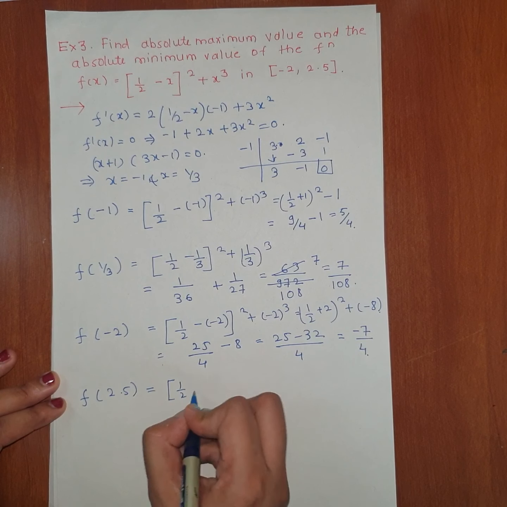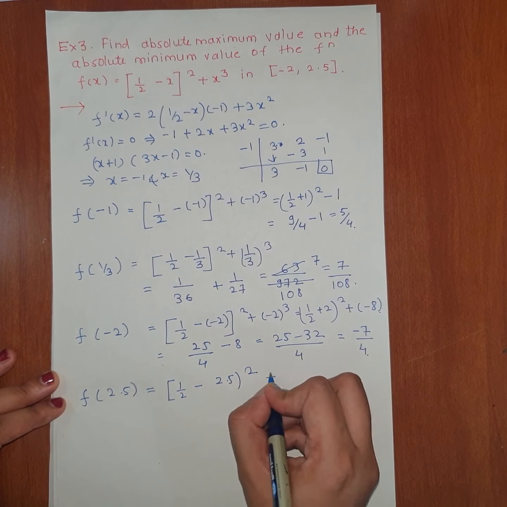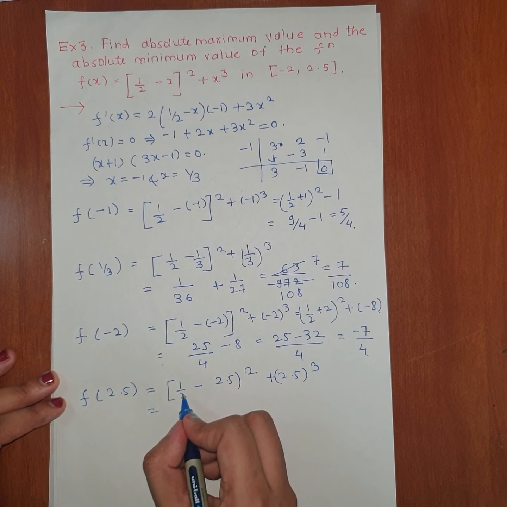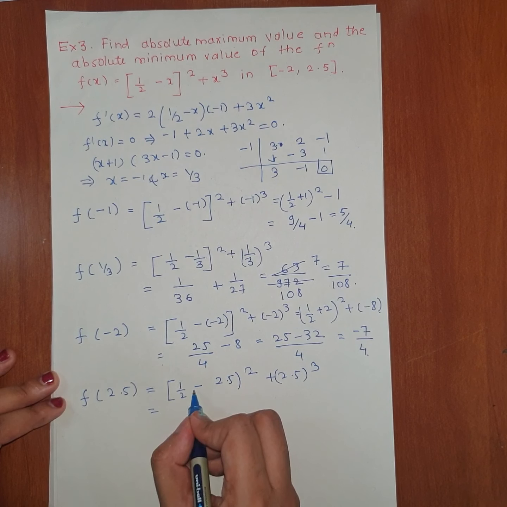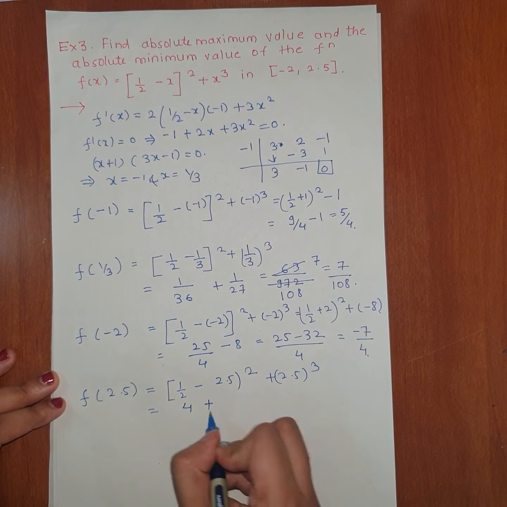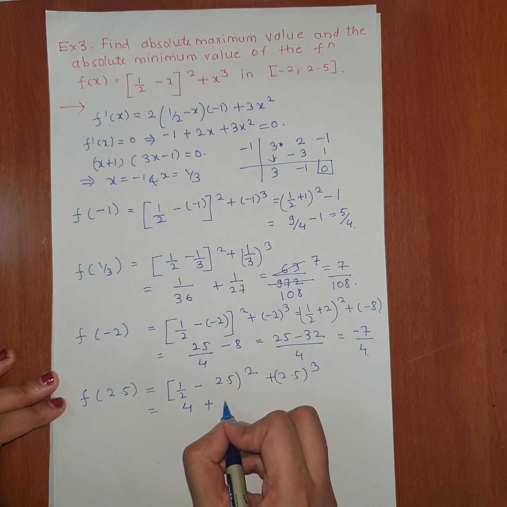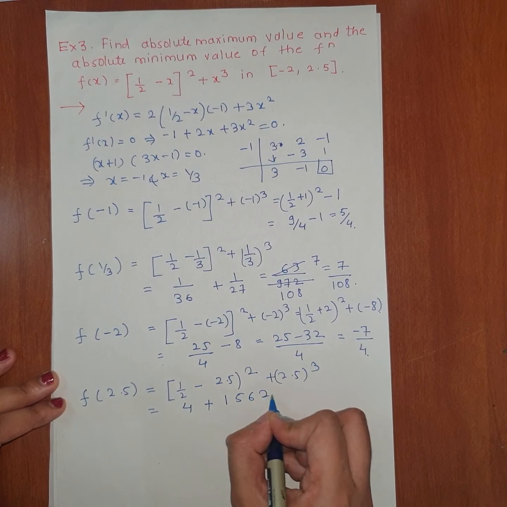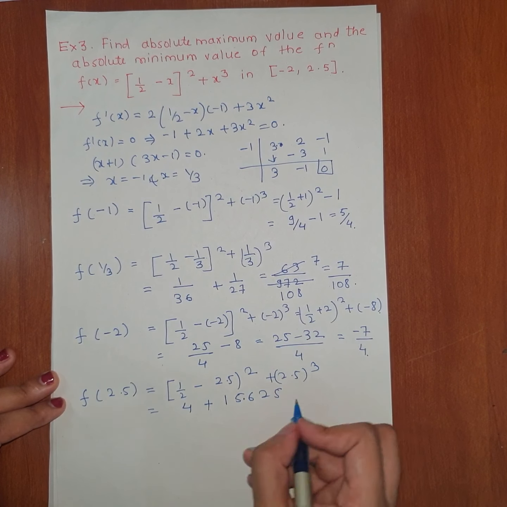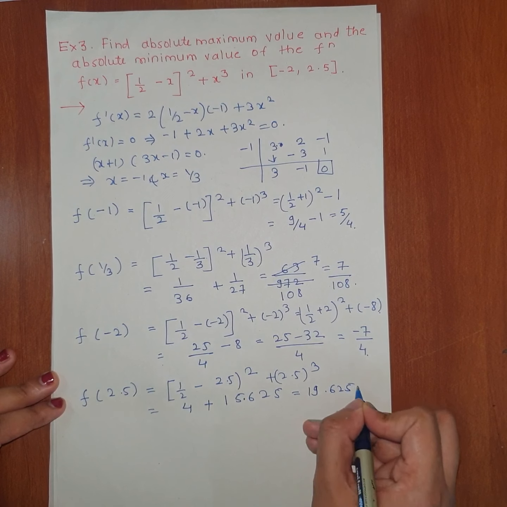So (1 by 2 minus 2.5) bracket square plus 2.5 cube, which is equal to half, nothing but 0.5, minus 2.5 will be minus 2, that is 4, plus the cube of 25 is 15625, and moving 3 points backwards we get 15.625, which is equal to 19.625.